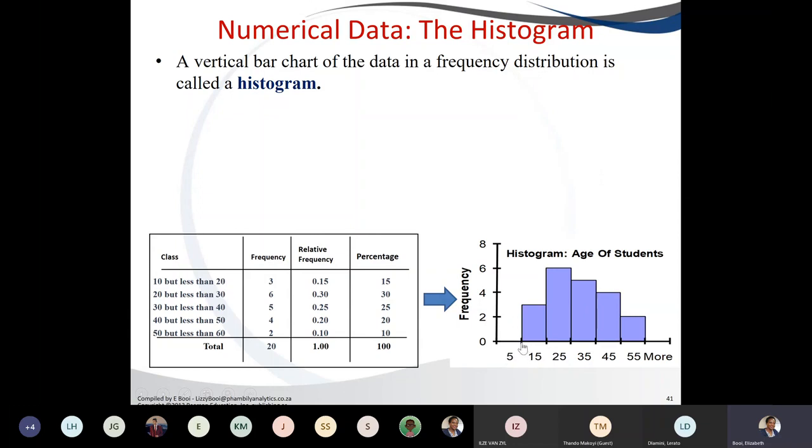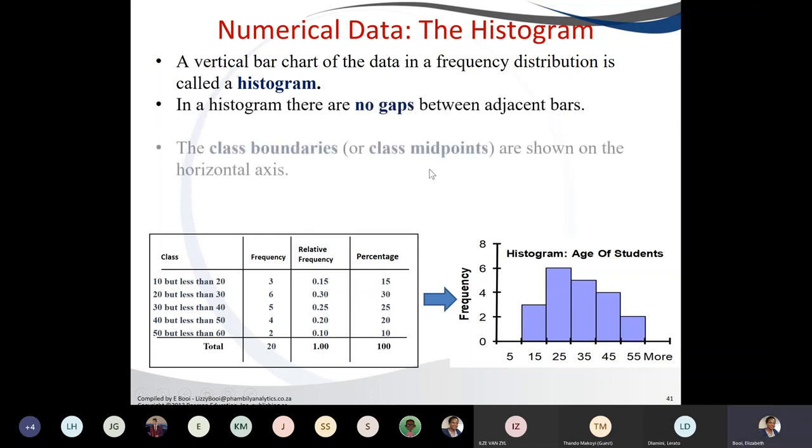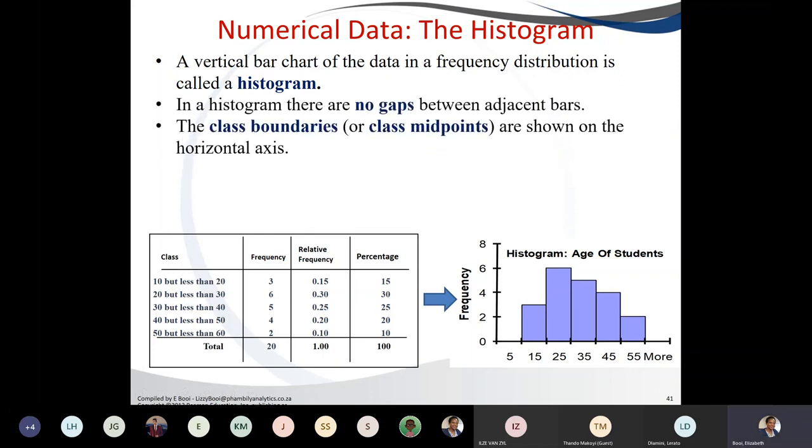This will mean 10 to 20, 20 to 30, 30 to 40, like that, to 50, and so on. So with the histogram, there are no gaps between the bars, and the class boundaries are shown on the horizontal.